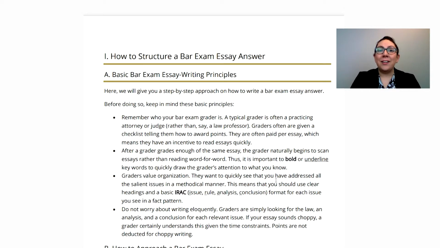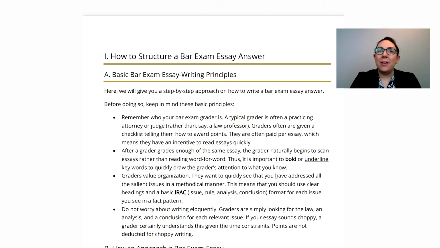Second, these graders are grading a lot of essays. Once they read the same essay over and over and over, they kind of know what they're looking for, and there's a really good chance that they're going to just start to skim your answer. So for this reason, it's important that you highlight things that you know are really important or that you're really confident about in your essay.